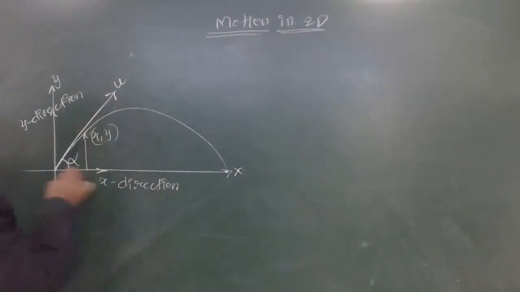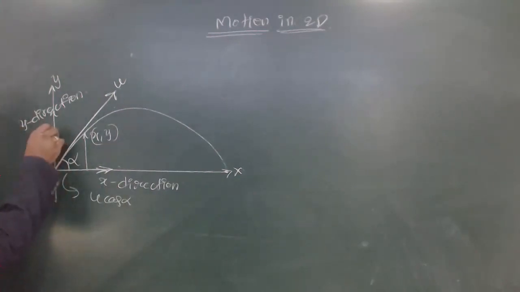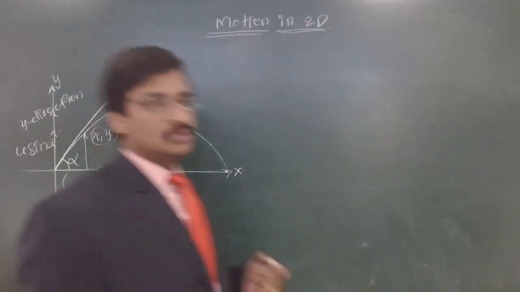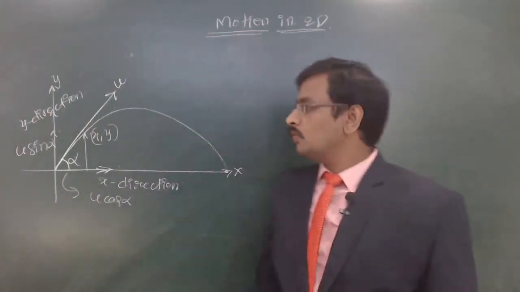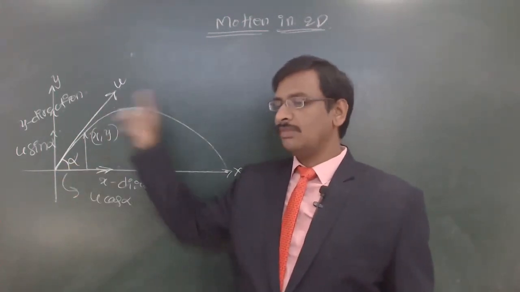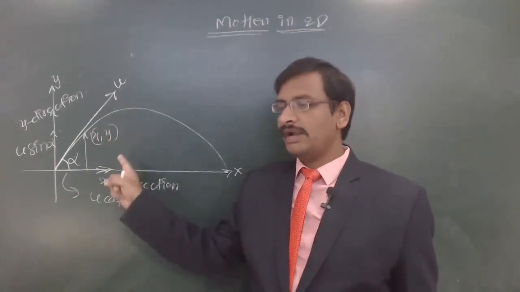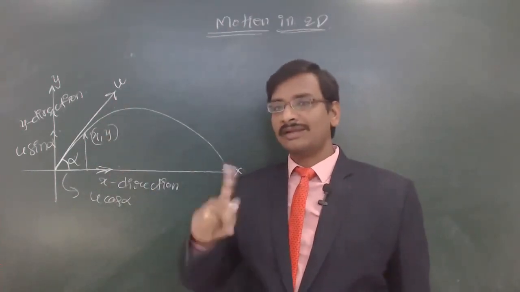Now, if I calculate the horizontal component of velocity, it is going to be u cos alpha, and the vertical component of velocity will be u sin alpha. So we came to the conclusion that we have projected the particle in a certain direction with a certain magnitude. Then that velocity I have divided into two different rectilinear motions.